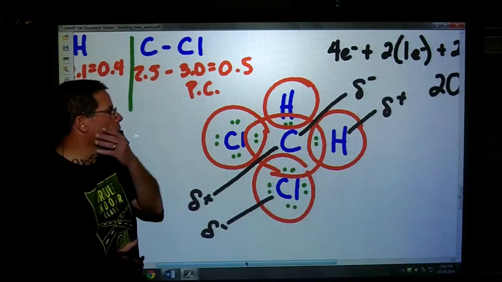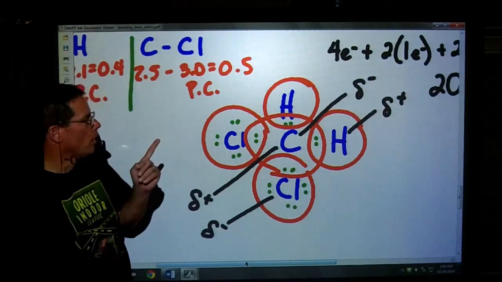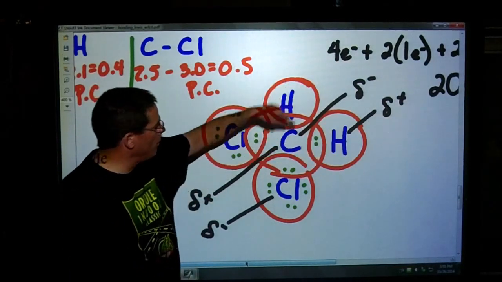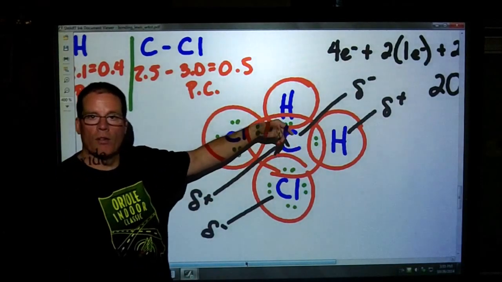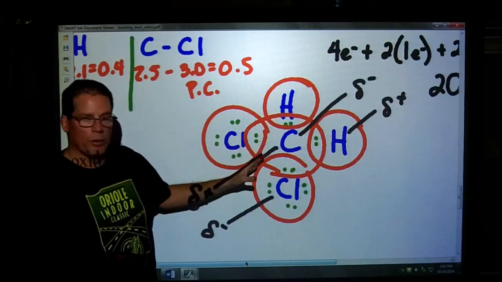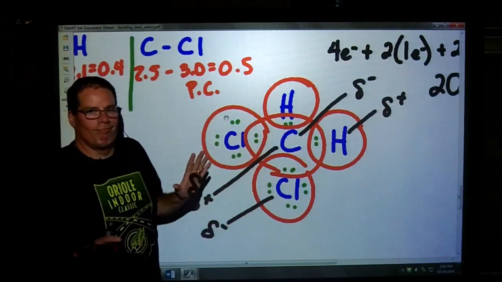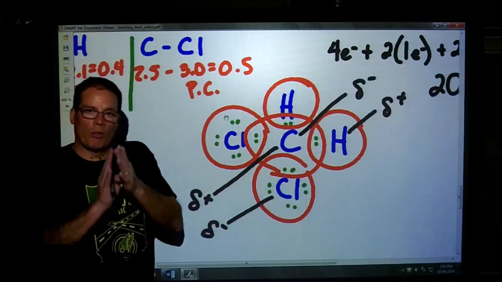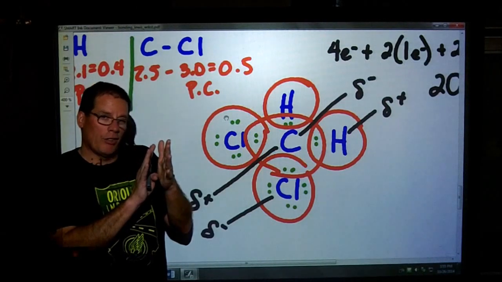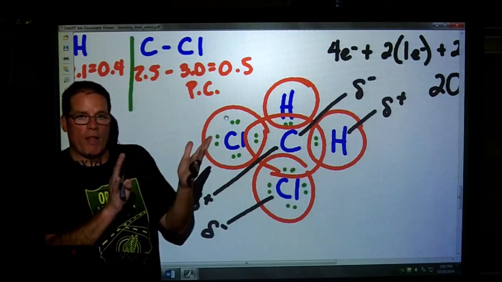What I don't want you to do is go, oh, I see, if I have 2 of these that are partial positive, that means that the carbon has a partial value of -2. No, let's not do that, because we're not going to ever worry about how close those electrons are, and it does change the partial value of that charge.